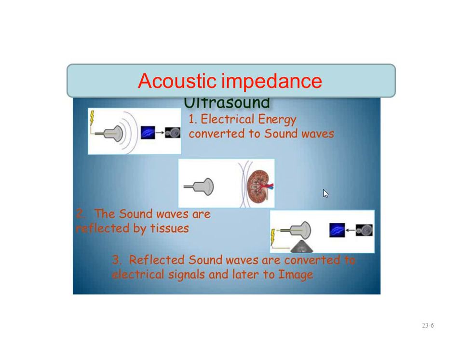Ultrasonic imaging generates a sound that travels through the skin into the tissue. Then it reflects at various interfaces, and is detected as an echo, returning back to the transducer.